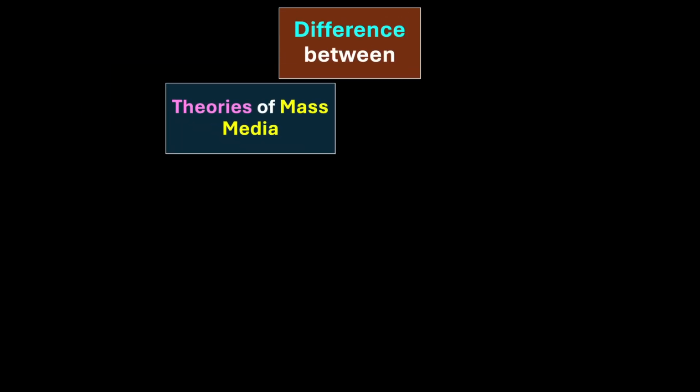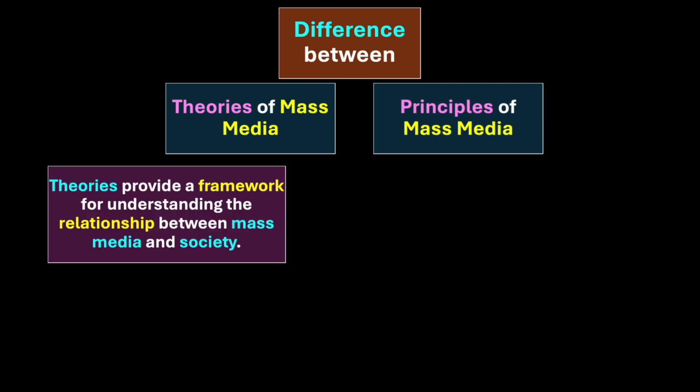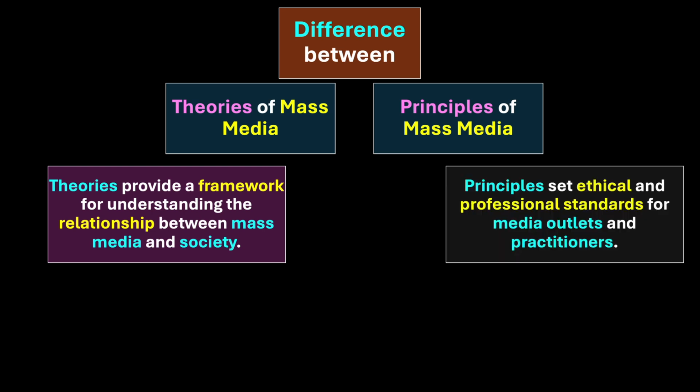We continue to discuss the topic, the difference between theories of mass media and principles of mass media. Theories provide a framework for understanding the relationship between mass media and society, whereas principles set ethical and professional standards for media outlets and practitioners.